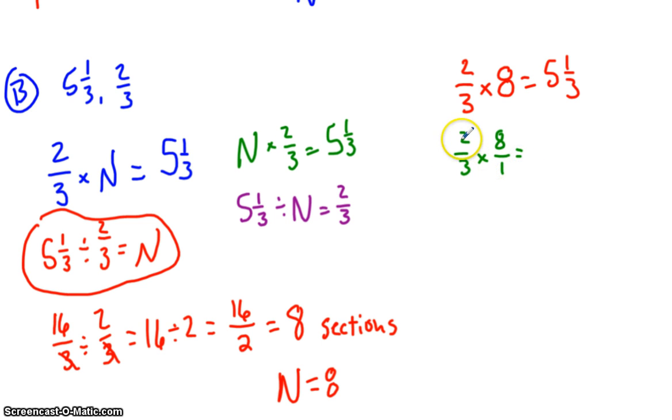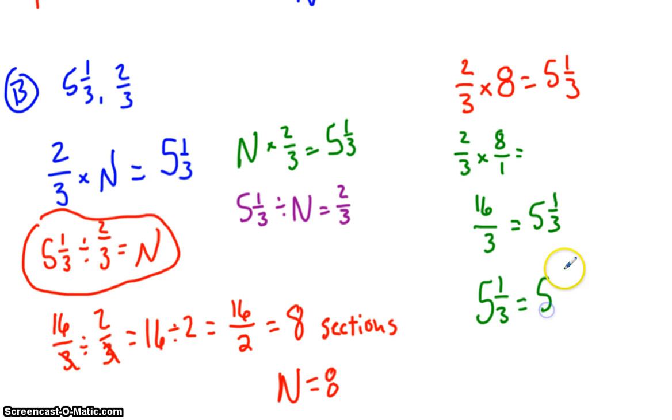We multiply the numerators together and this would become 16. We multiply the denominators together, we get 3, and that would equal 5 1/3. Then I'm going to simplify 16 over 3. I can pull 5 groups of 3 from 16 items with 1 left over, and 5 1/3 equals 5 1/3, and so n truly does equal 8.